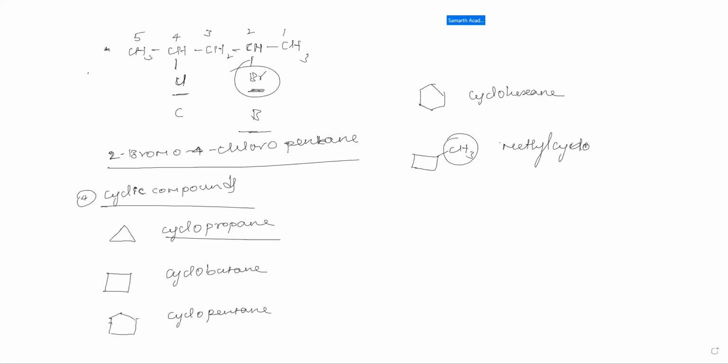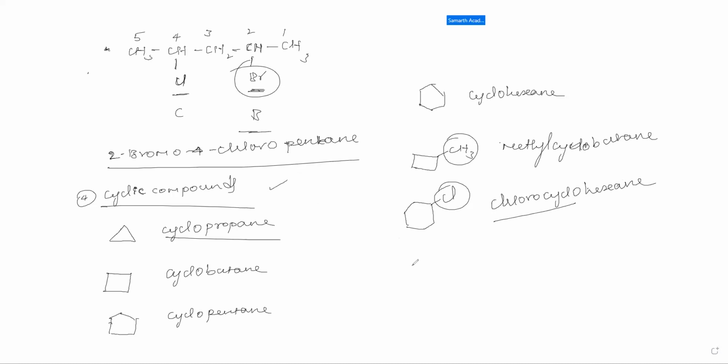So this is 2-methyl cyclobutane. What does Cl present mean? That comes under prefix chloro, chloro, cyclo. These two come under prefix. Next, the root word is the number of carbon atoms, 6, so that is hexane. This is carbon-carbon single bond.